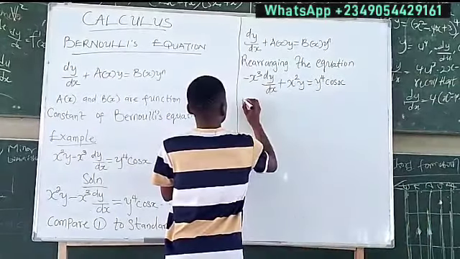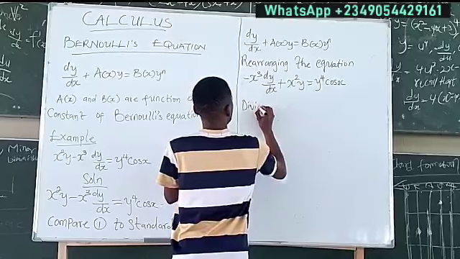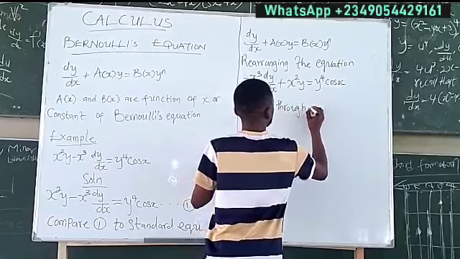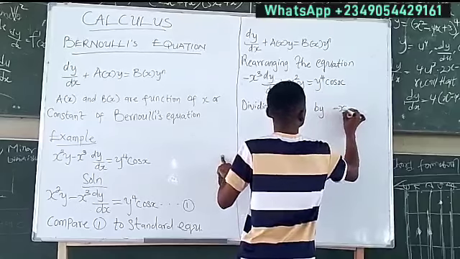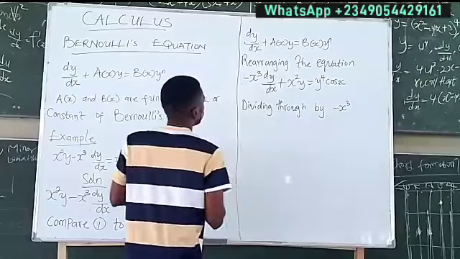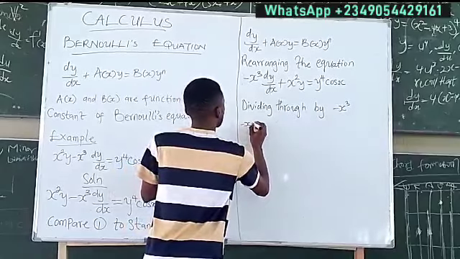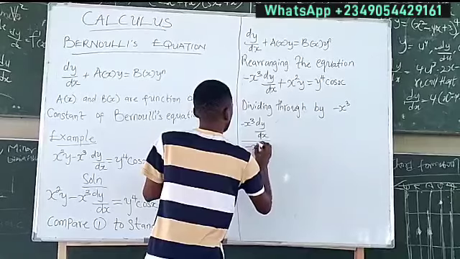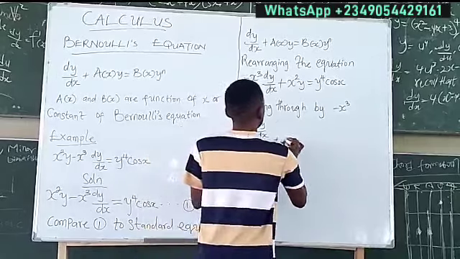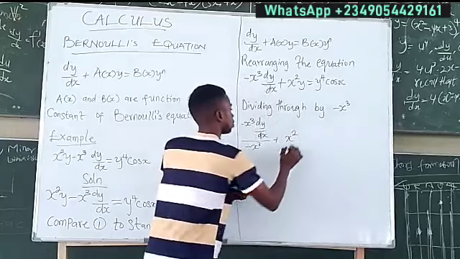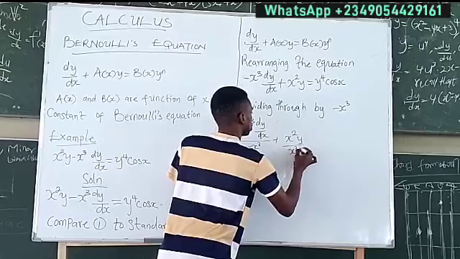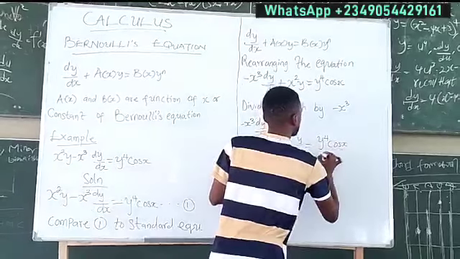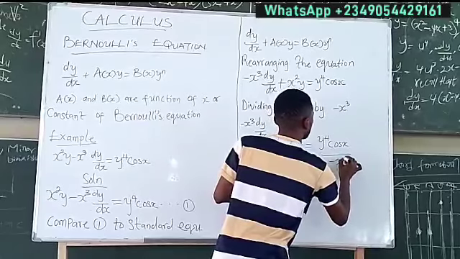So dividing through by minus x raised to the power 3, we'll have minus x^3 dy/dx divided by minus x^3, plus x squared y all over x^3, equals y^4 plus x divided by minus x^3.